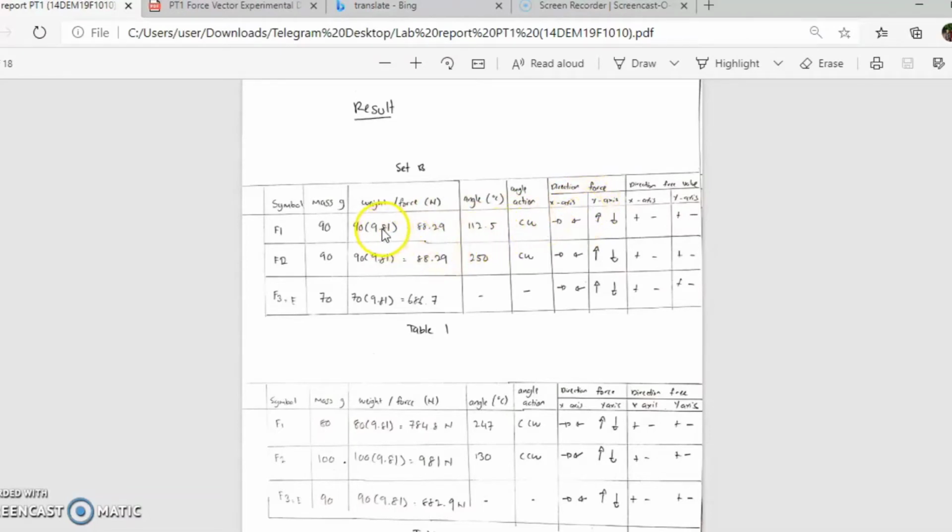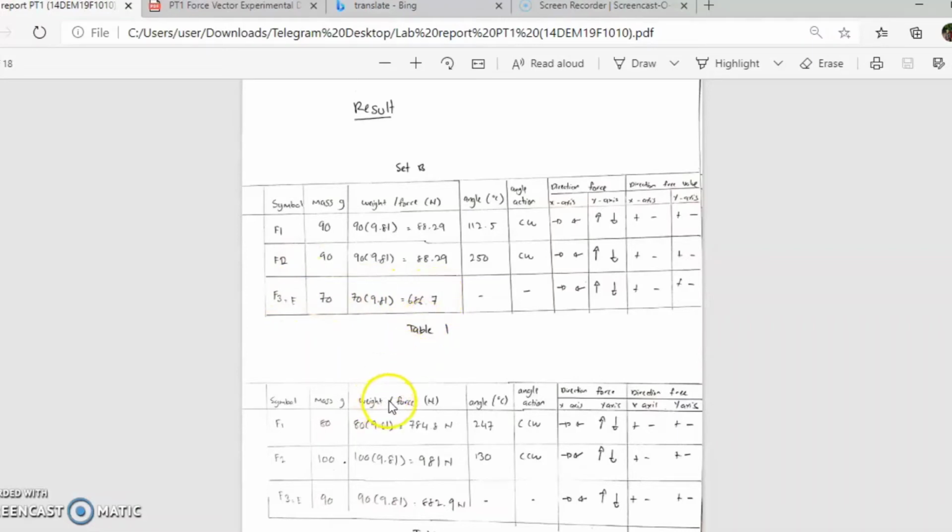As we can see, we need to change the 90 gram of mass into force value in newton, and we can see the value of force for F1, F2 and F3.